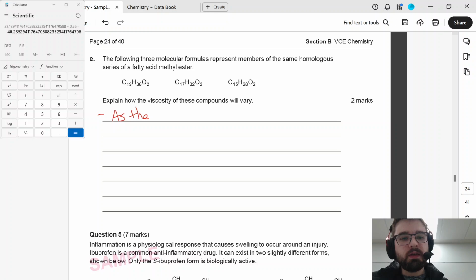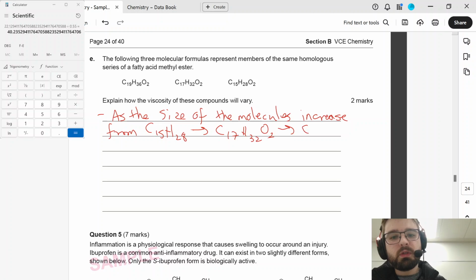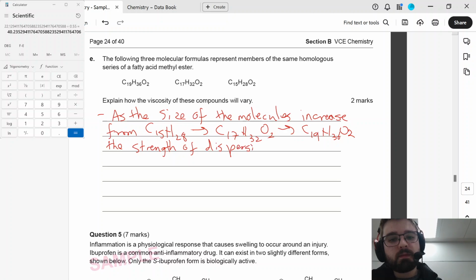So as the size of molecules increase from this one to this one to this one, the strength of dispersion forces will increase.